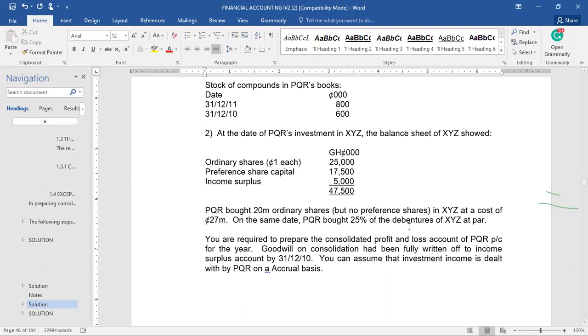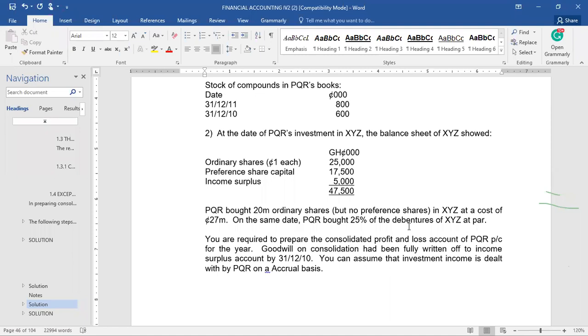On the same date, PQR bought 25% of the debentures of XYZ at par, and you are required to prepare the consolidated profit and loss account of PQR for the year. Goodwill on consolidation has been fully written off to the income surplus account by 31st December 2010.